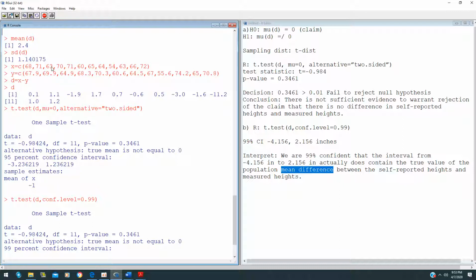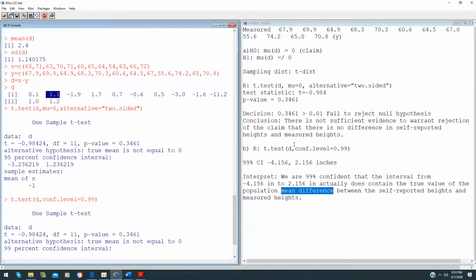So he reported his height shorter than it is. And if you get a positive, it means that you over-reported. That means you reported 71, but you are actually just 69.9. So the mean difference can be positive or negative. That's the reason why you can have a negative answer in this case.